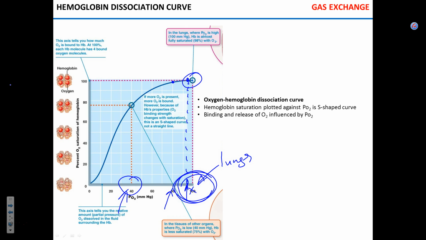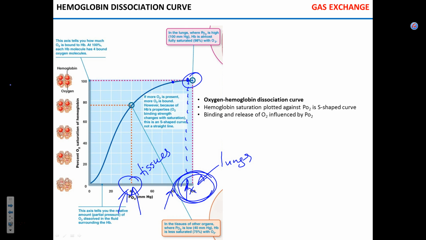It was 100 from the lungs all the way down to tissues, and this pressure becomes 40 in the tissues. Does that make sense? You see what I'm saying? So this partial pressure is in the tissues. That's tissues.